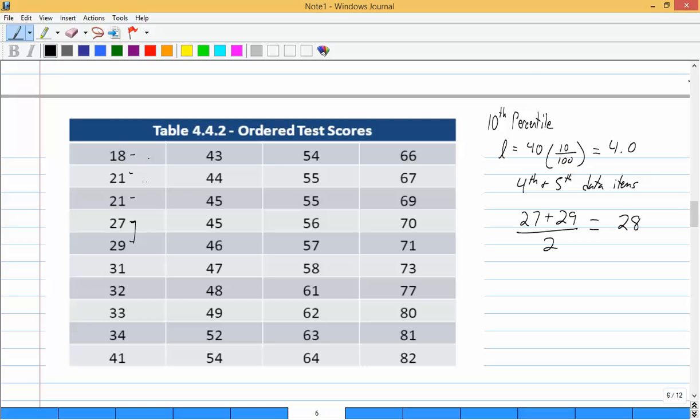Let's do the same thing, except let's find the 88th percentile. The 88th percentile would be 40 times 88 over 100. All right, so that's 35.2.